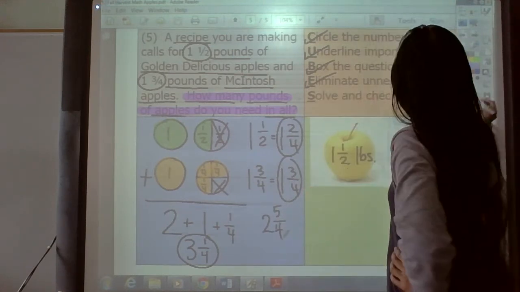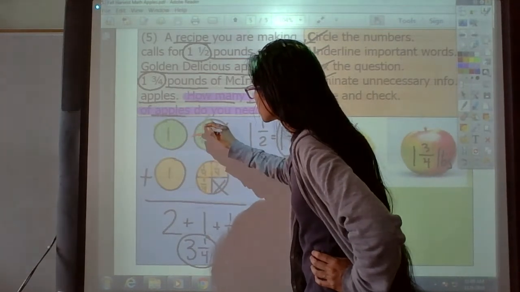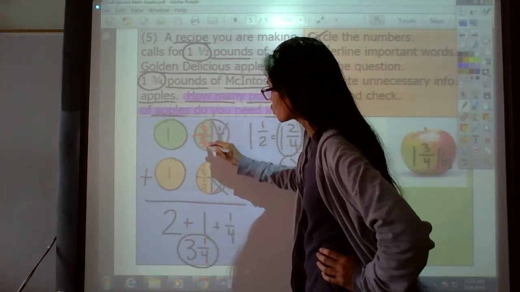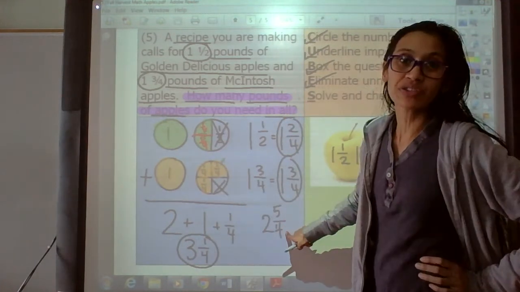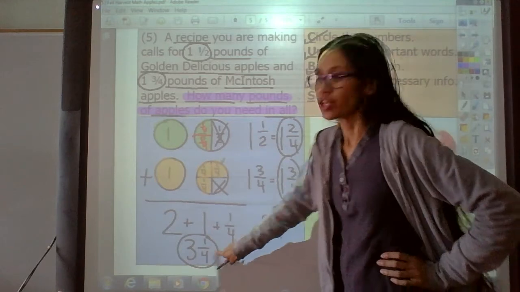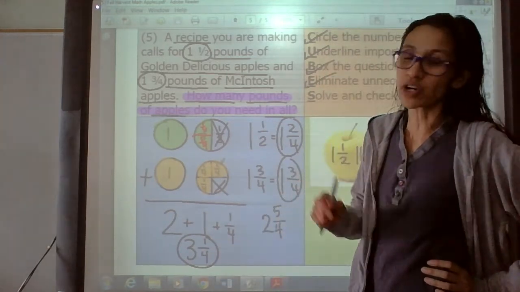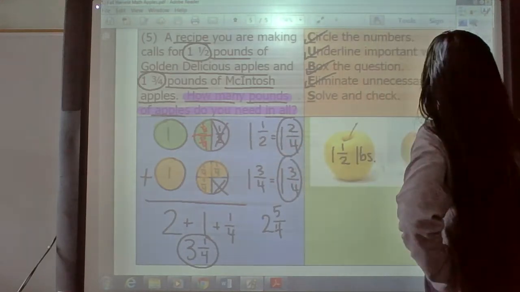Because remember, if we split that, that's 1/4, 1/4. Look, I have 1, 2, 3, 4, 5/4, which is the same thing as 3 and 1/4. That's the better answer right there. That is a simplified version. That is the reduced version. So let's write that answer down.